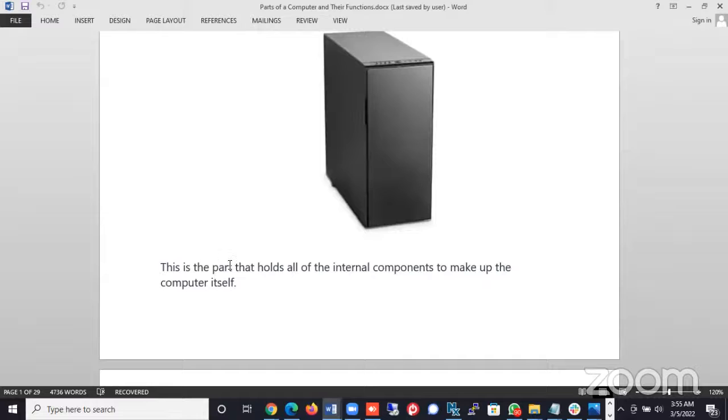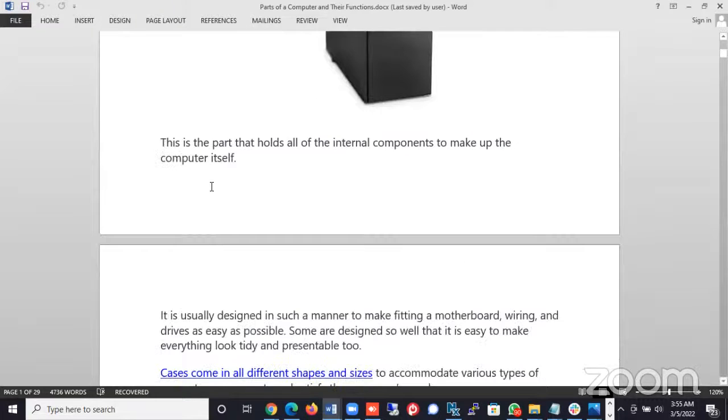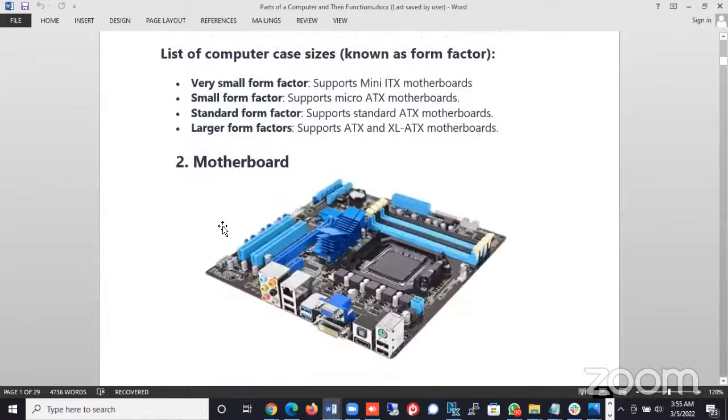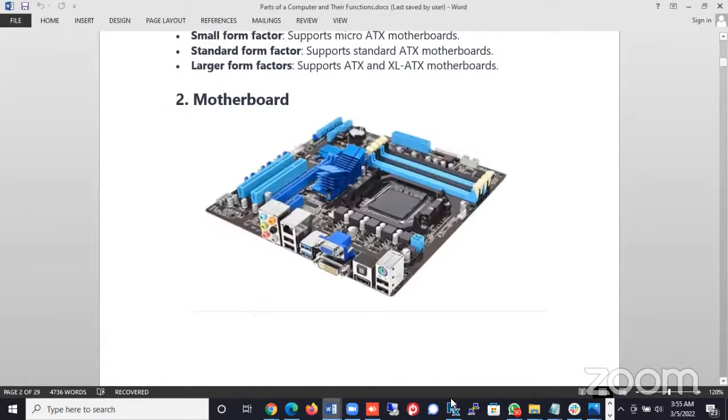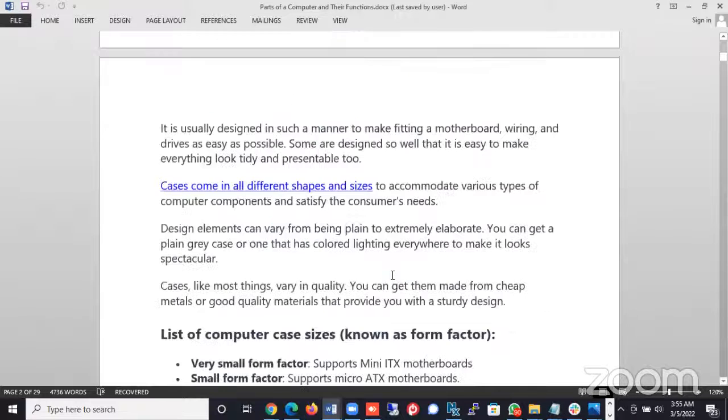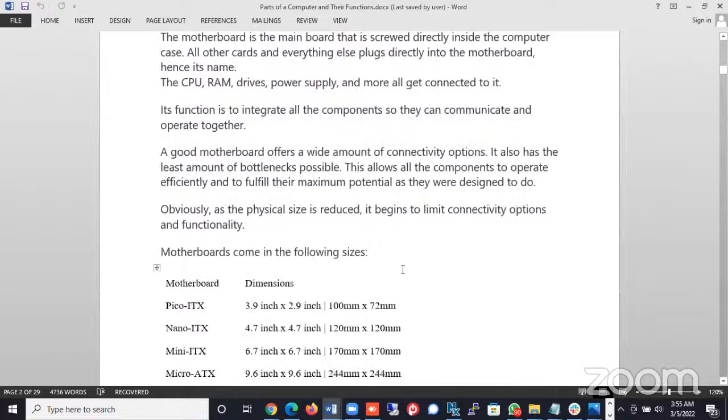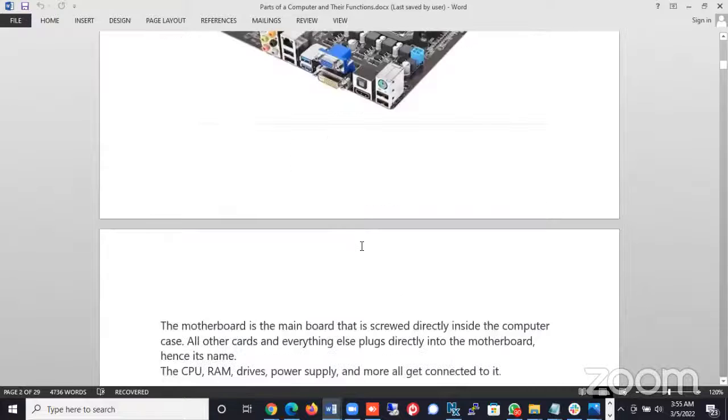The case is used to hold all the internal components of the computer. We will start with what a CPU is. When you look inside the computer, let me just open one for you so that we will go through it.